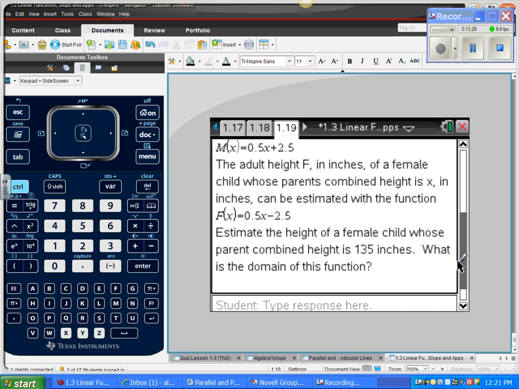Okay, so if we're talking about a female child, we are using the f of x equation, x being the combined heights. So in this case, it's going to be 135. So f of 135 equals 0.5 times 135 minus 2.5.